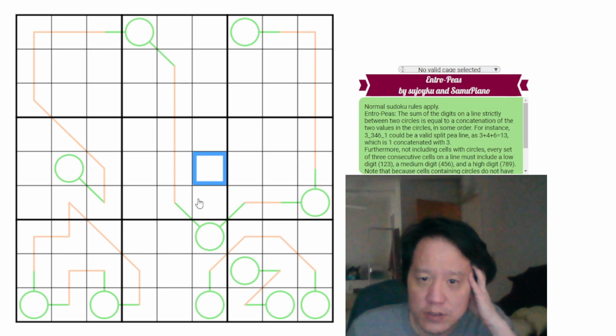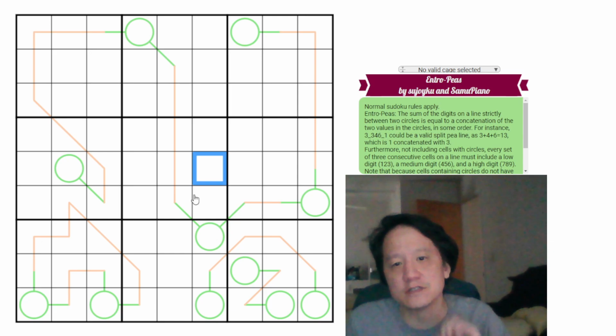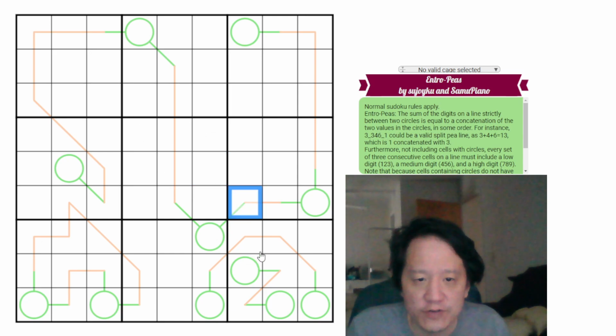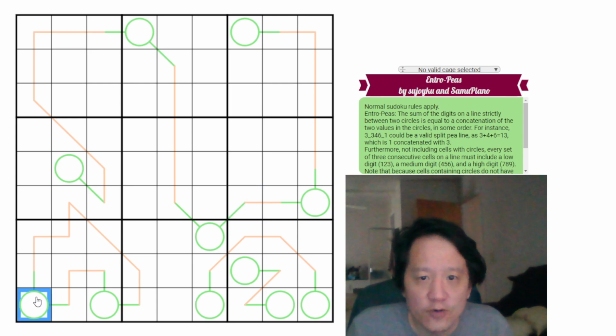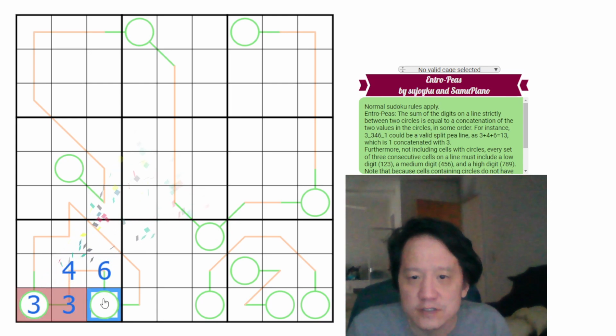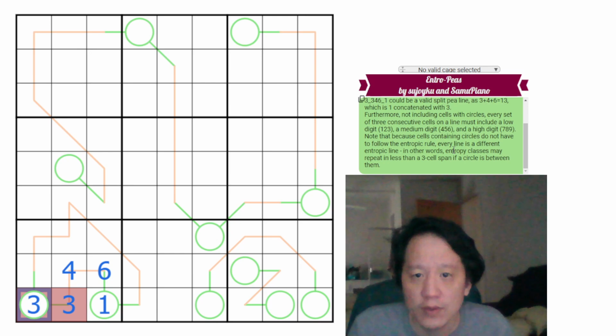For instance, 3, 4, 6 could be a valid line, as 3 plus 4 plus 6 equals 13, which is 1 and 3 concatenated.